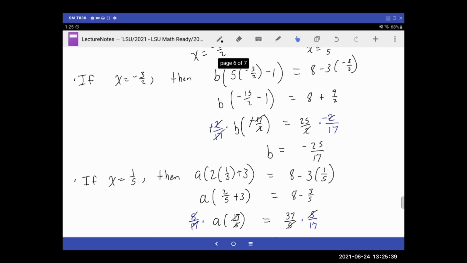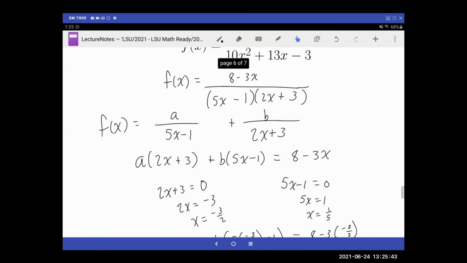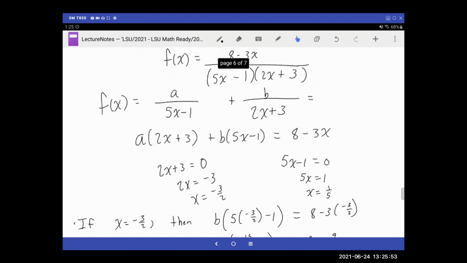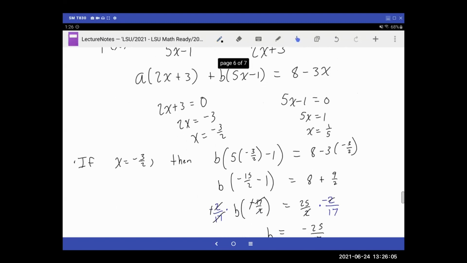So I can go back now and finally plug those in. Let's just do it right here. So the first one was 37 over 17. And the other was negative 25 over 17.